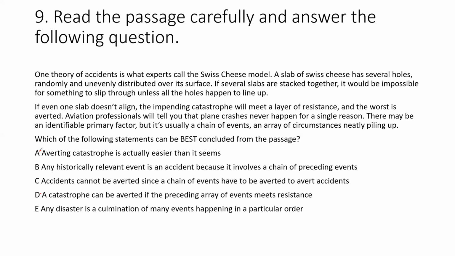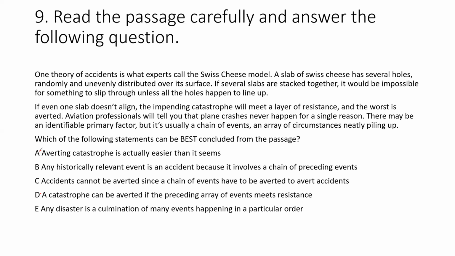So it's not one factor which results in the same. It's rather the chain of events which results in catastrophe. Author also states that there is an identifiable primary factor. So there are factors which you can identify, but it is not one factor which leads to it. It's rather the whole stuff leading to this.